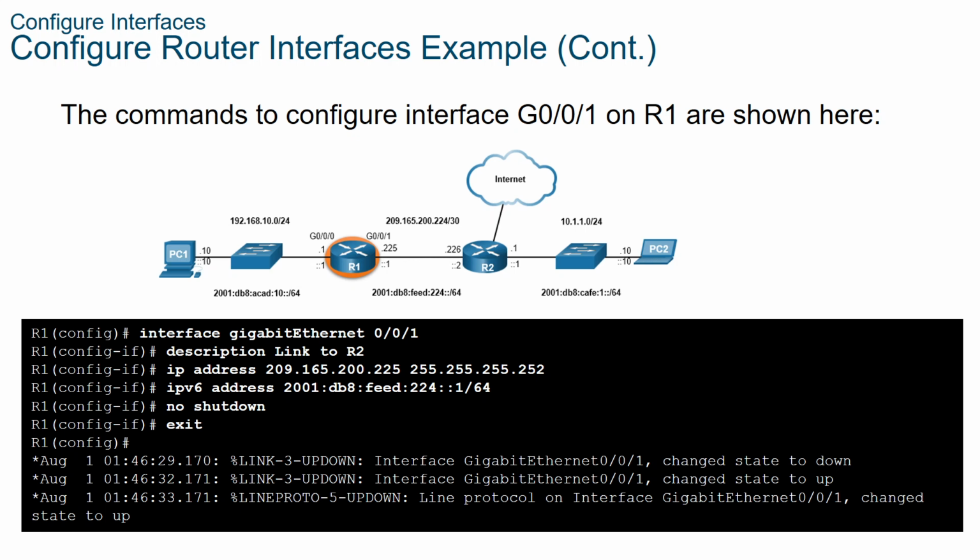Again, we're issuing no shutdown in order to bring that interface up out of shutdown mode. And again, it changes state from down to up to indicate that it's powered up and active. And the line protocol also changes to up as well, indicating we've got a connection and an active line from that interface.